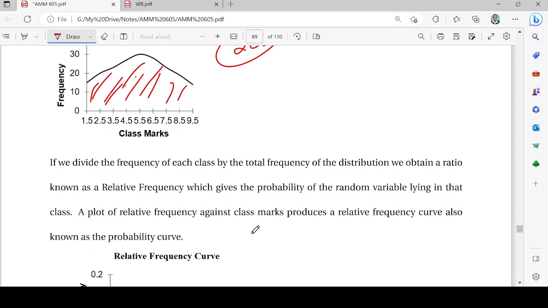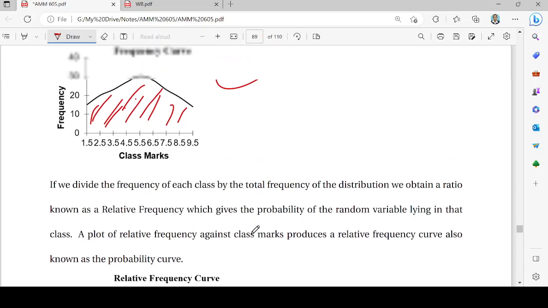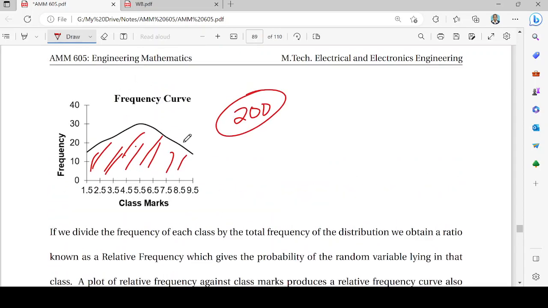If we plot the relative frequency on the vertical axis and the class mark on the horizontal axis, we get a plot that we call the relative frequency curve. Now, the relative frequency curve will have the same shape as the frequency curve that we have here.